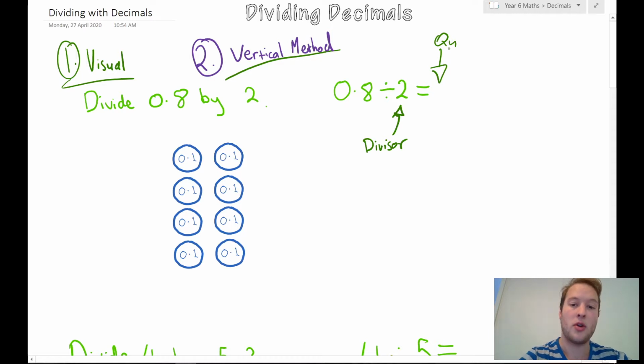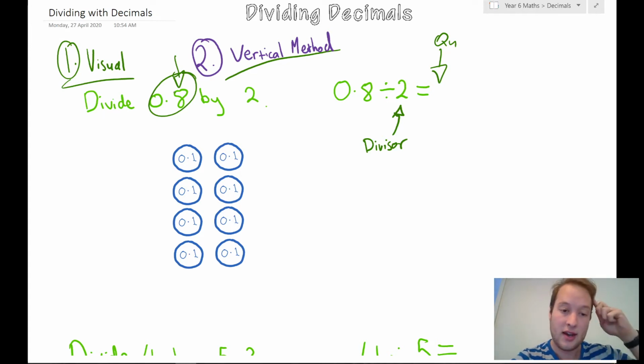I'm going to write my 0.8 as tenths, because this 8 represents the tenths. Anything after the decimal, the first number is a tenth, then the next is the hundredths, then thousandths, and so on. Here I've only got one number after my decimal, so it's just tenths. So I've written 8 tenths here.